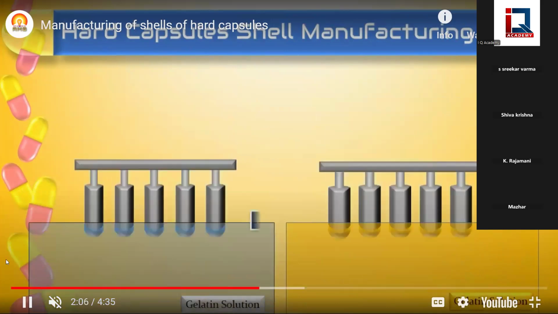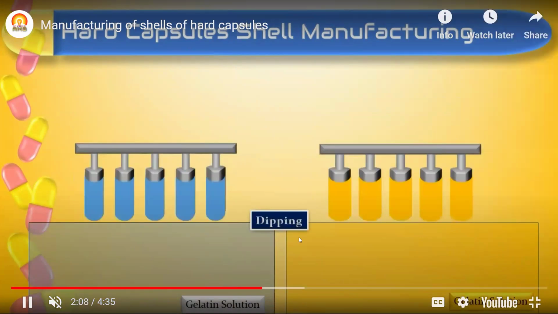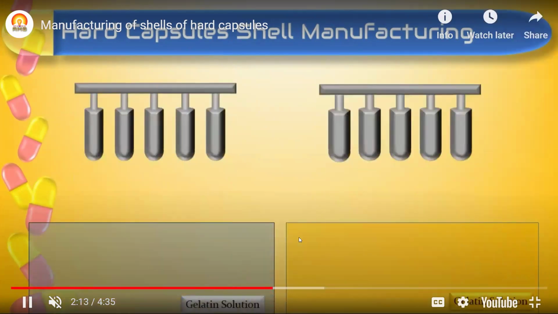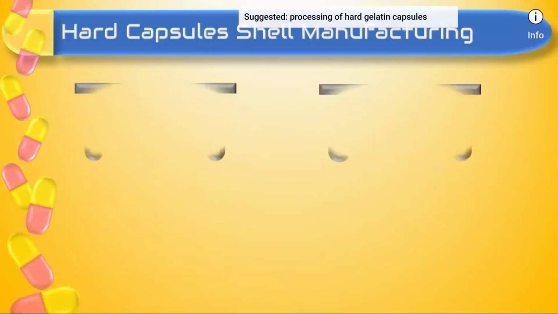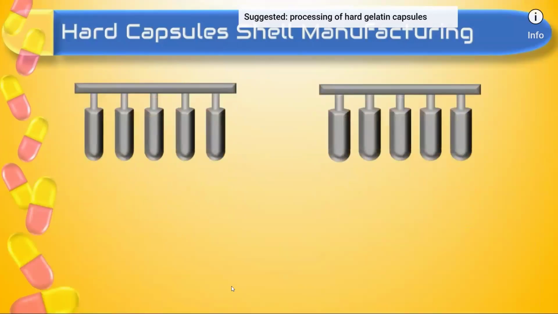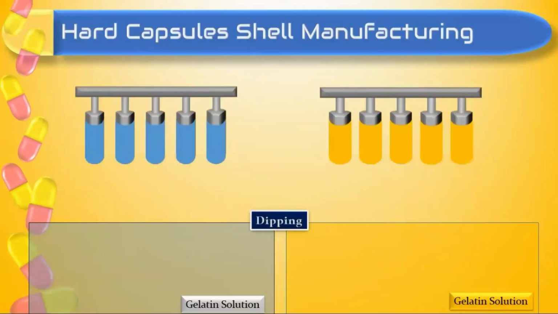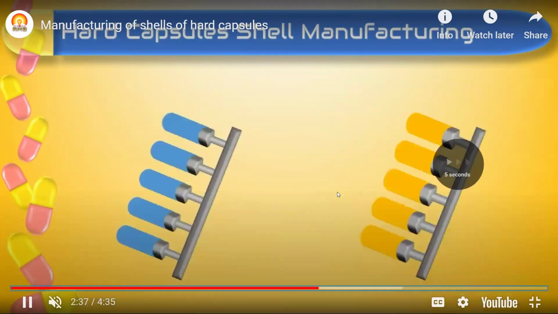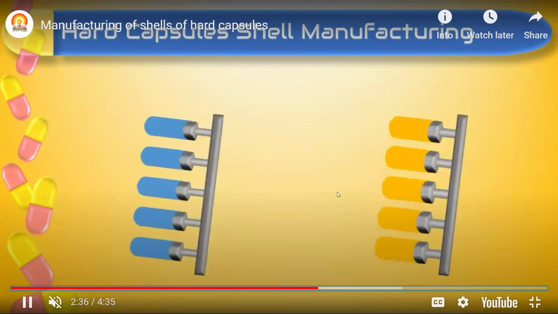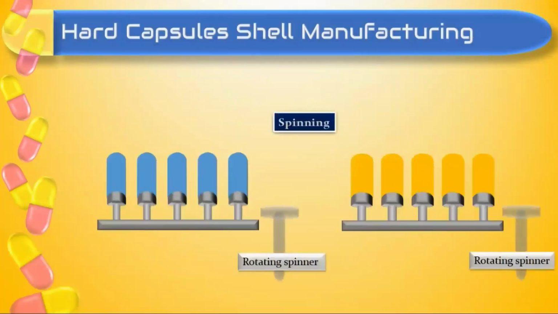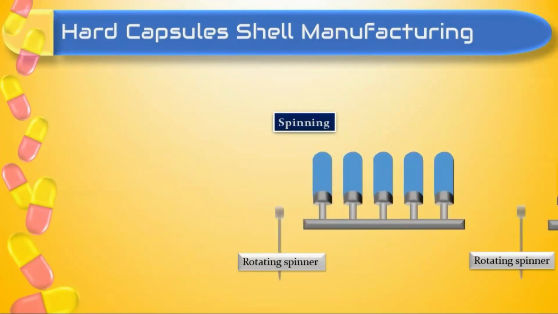I will show how it is done in industry also. Have a look. Dipping is the first step, right? You can look, these pins are dipped into the gelatin solution, so that due to dipping, gelatin sticks to them. Then rotating, you can see here, after dipping, rotating, so that uniform spreading of the gelatin shells can happen.